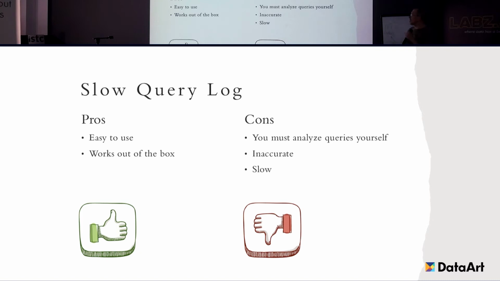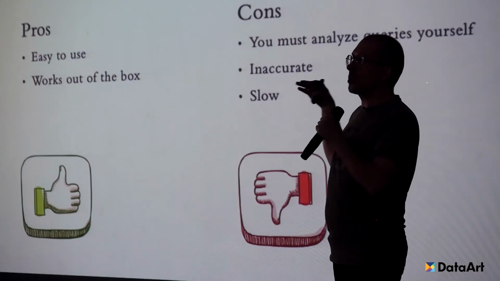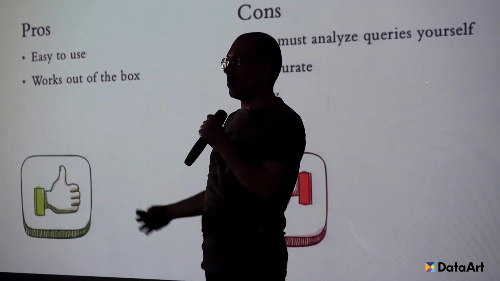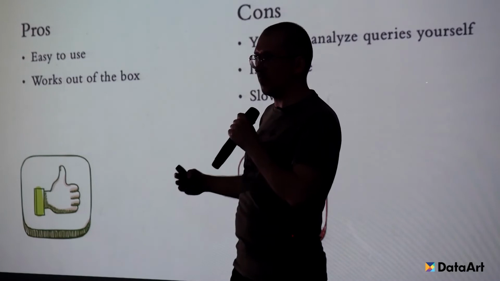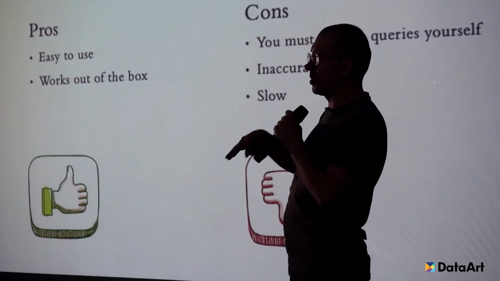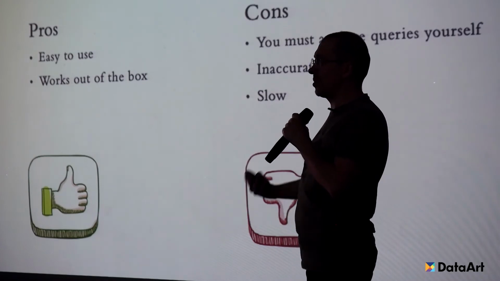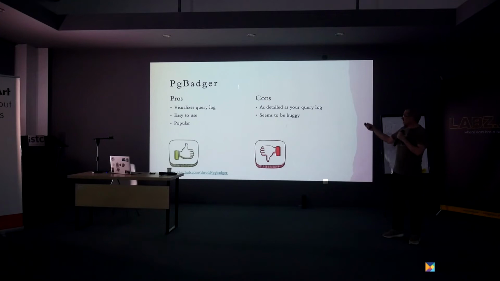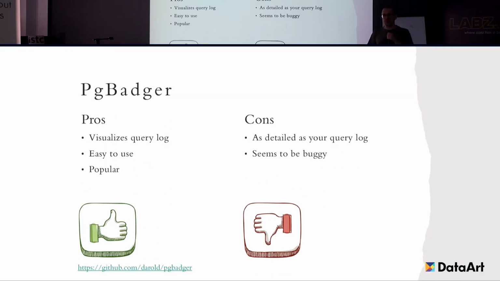It's quite inaccurate, and it's quite slow. If you want to log everything, it will slow your server, and you cannot just write all the queries in this log and think that it will work for you. And it's not actually quite visual. Reading Postgres logs is not fun.